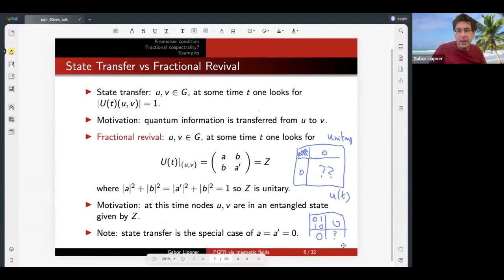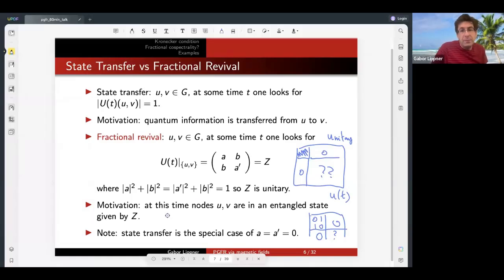And so this would get us back to the usual state transfer question. So what fractional revival does, it doesn't ask the state from U to be transferred to V perfectly, but it wants the state to be fully supported on the union of U and V.